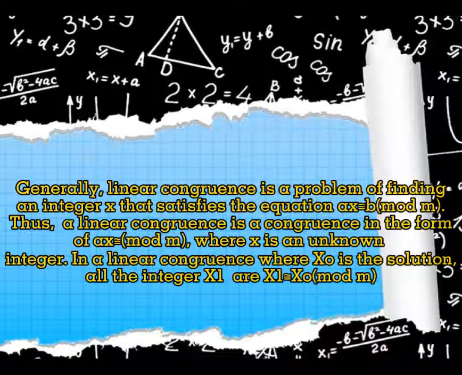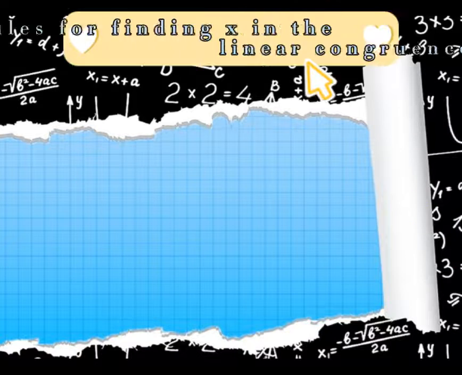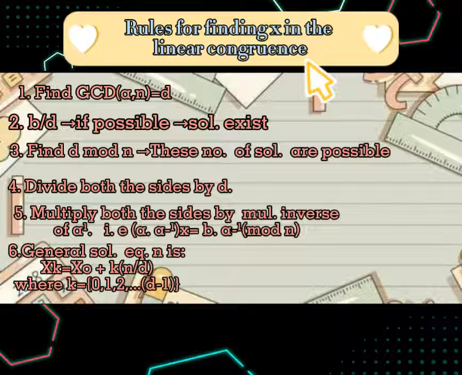In a linear congruence where x0 is the solution, all the integers x1 where x1 is congruent to x0 mod m are also solutions. Let's have an example for this linear congruence, but before that, we need to familiarize ourselves with this method.